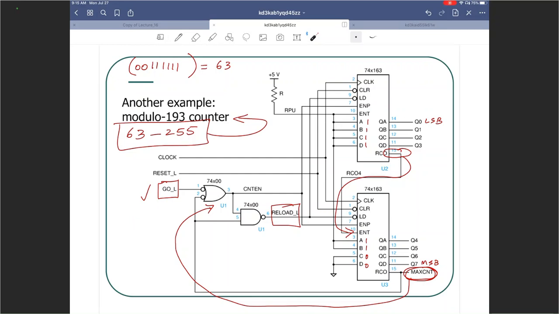One of the enables is connected to high. The other enable is what we are controlling here to make sure that the count reaches the reloading operation. And the other inputs for 63 are connected to ones and zeros respectively to get you the 63 value.